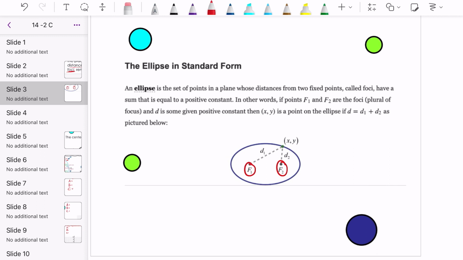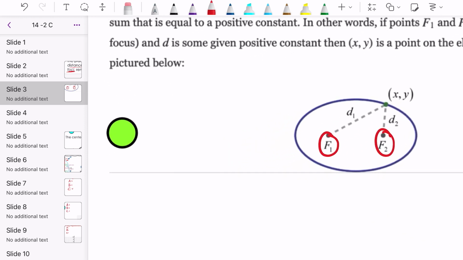Now, when we are looking at the standard form of our two equations, we are generally going to see it occur in one of two ways. That would be x minus h squared over b squared plus y minus k squared over a squared.